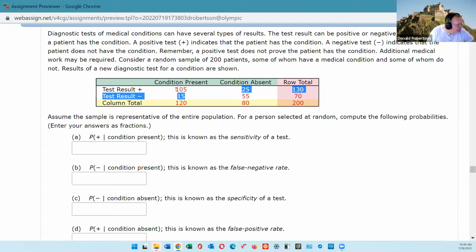Now, when it says condition present, that means the truth. That person did have COVID. And when it says the condition is absent, that's also the truth. That means the person didn't have COVID. So when you look at this table, the columns and the rows are helpful, but the four numbers that really matter are those four there.